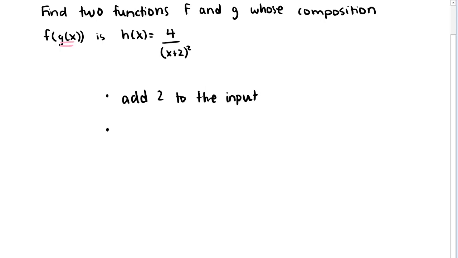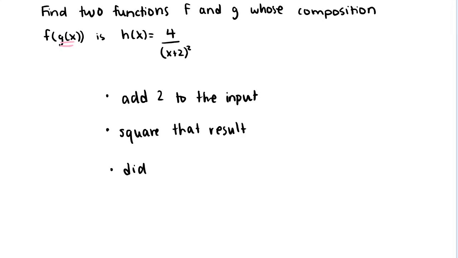The next thing that happens is we square that result. And then lastly, we take 4 and we divide 4 by the previous result.